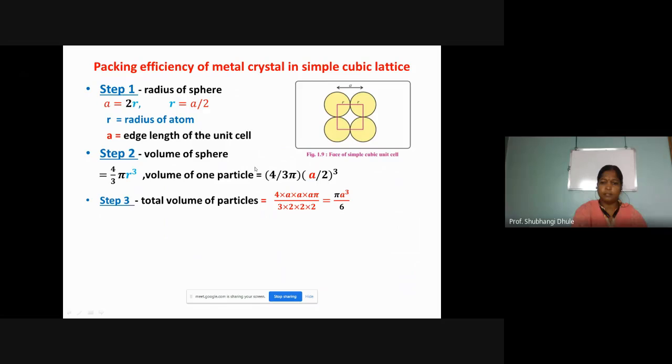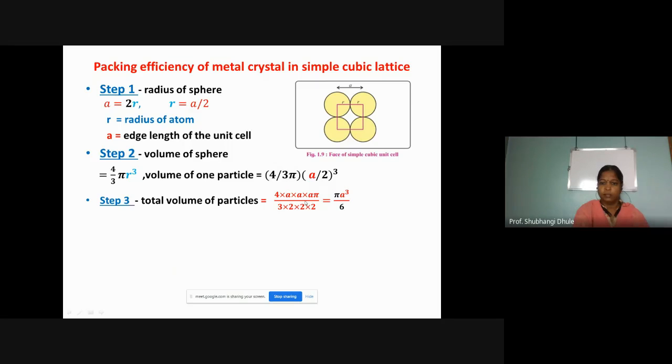So using this r in the form of a by 2, we get the volume of the particle as 4 into a cube, and pi remains as it is, and in the denominator is 3.